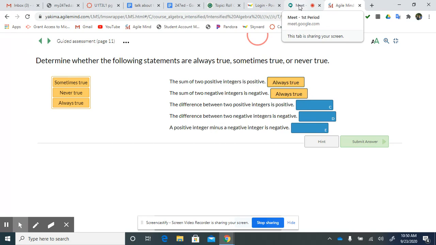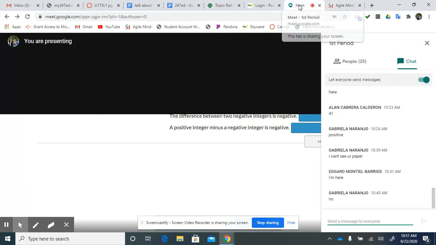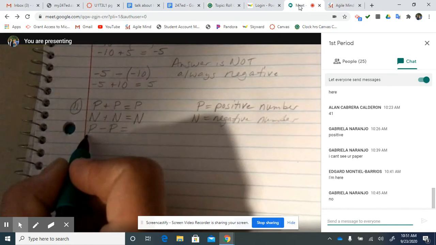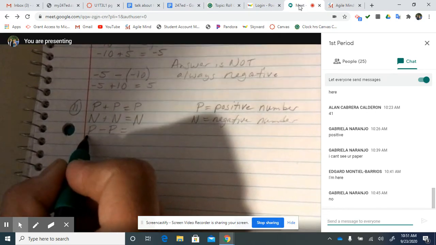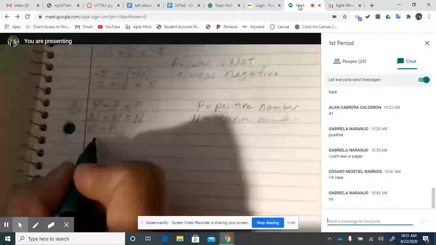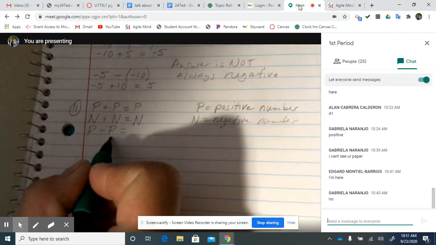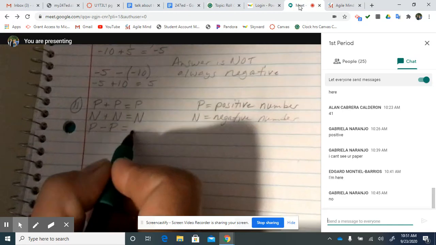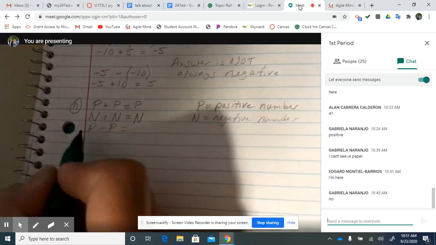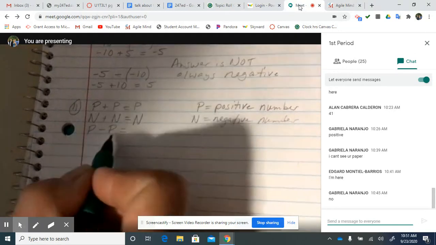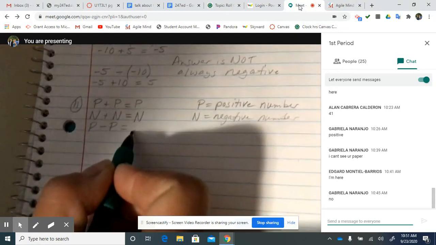Maybe. This is going to be a sometimes true. Because if we say 5 minus a positive 10, well, 5 minus 10 gives us a negative answer. But if we do 10 minus a positive 5, 10 minus 5 would be 5, a positive answer.